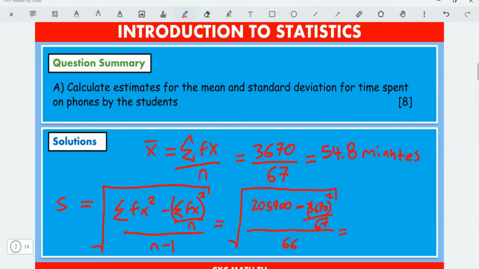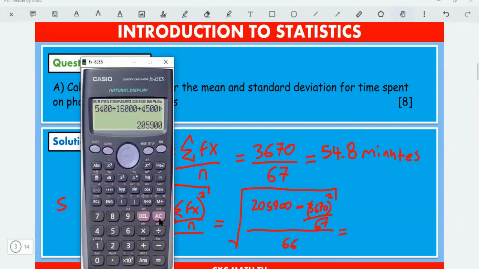So you just need to put this in a calculator, no worry. So you press the fraction button. We have 205,900 minus, press the fraction button one more time. And in the numerator, it's 3670, squared, divided by 67, all over n minus 1, 66.